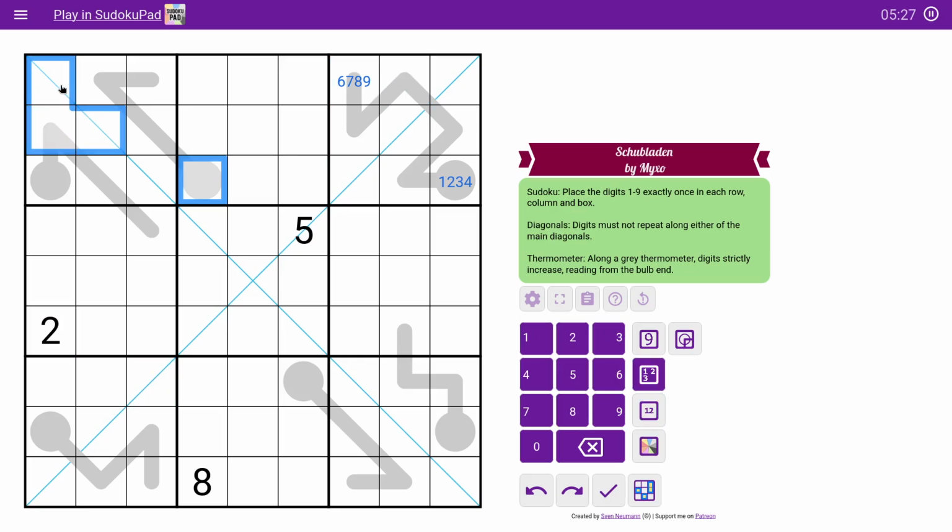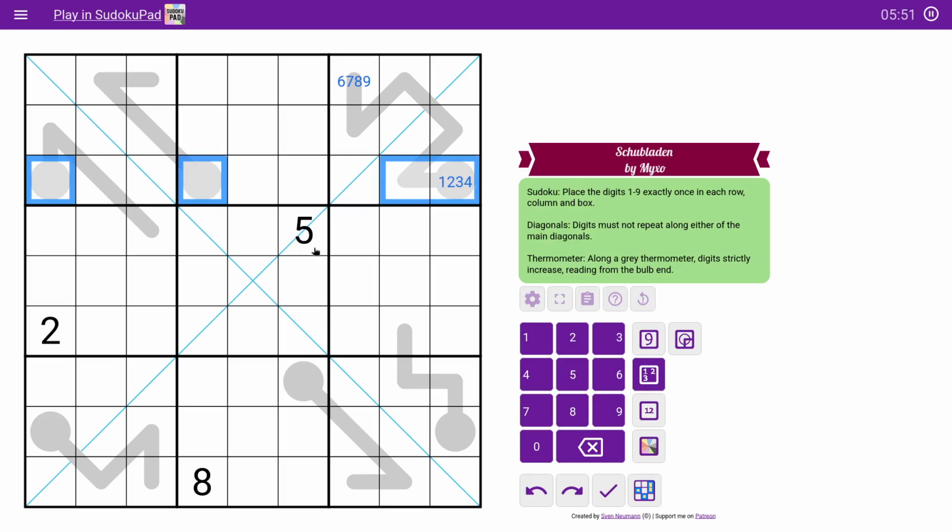This digit is here and here. If it's small, then it must be on the line.